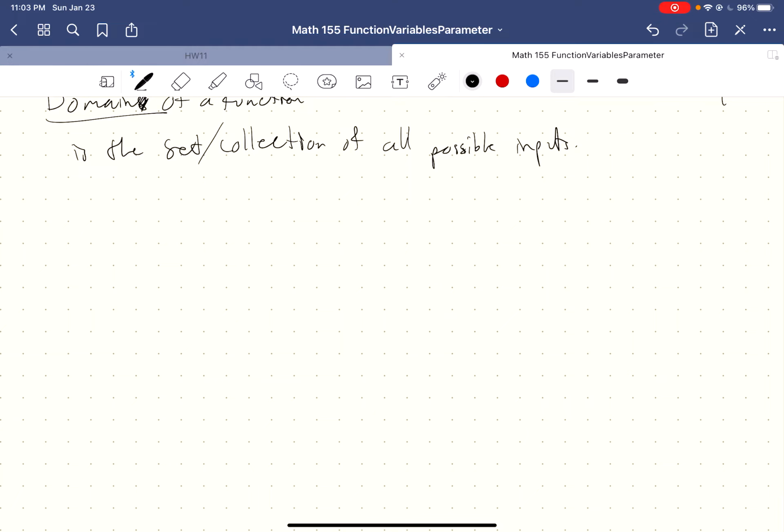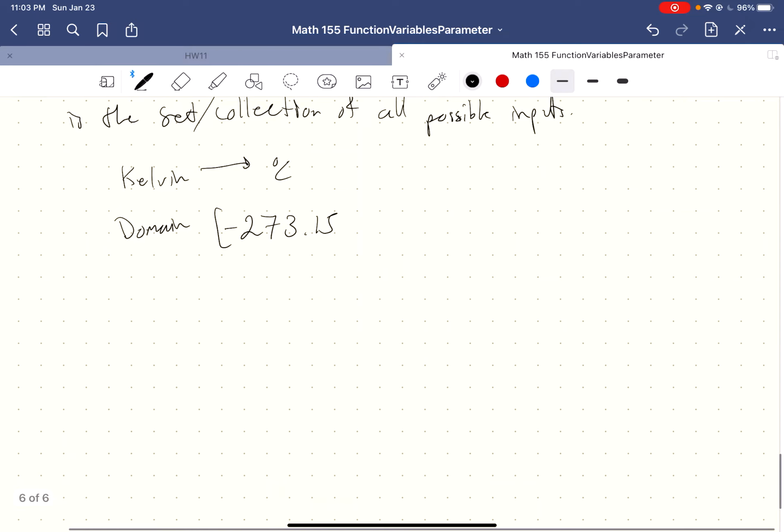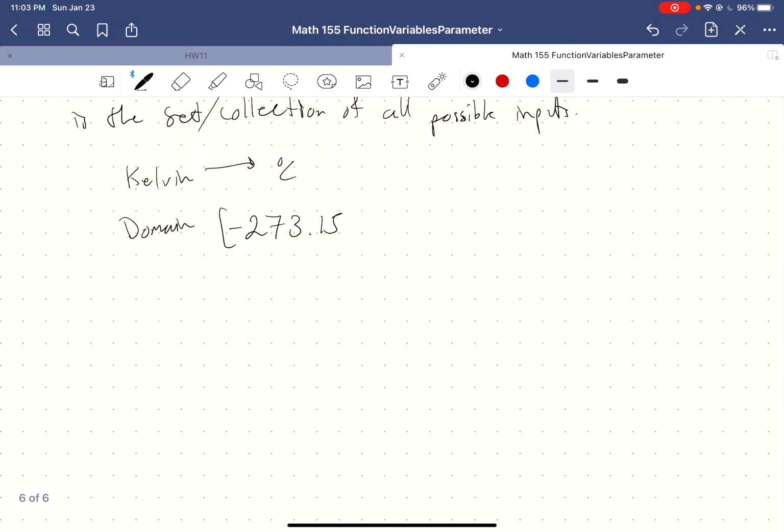So, if I have a function where the input is Kelvin, so it's a temperature function, and the output is degrees Celsius, then my domain, what's the lowest Kelvin? I want to say it's like 273.15. I'd have to look it up. I think negative 273.15 Kelvin is as low as you can go.